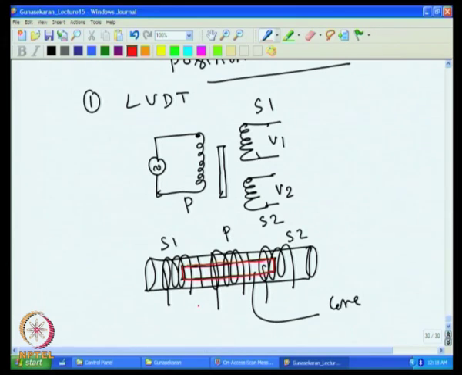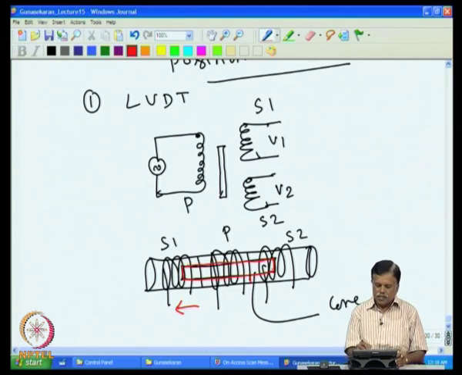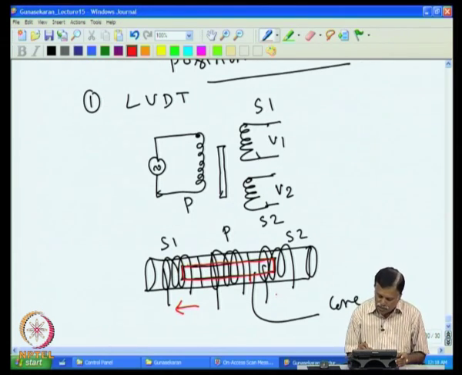If the core moves towards this, then the core will mostly occupy S1 and the primary, and the secondary will have very little link to the core. Or if the core moves this way, then S2 links the entire core, and there is no linkage of the primary to S2. So, that is what happens in this case.